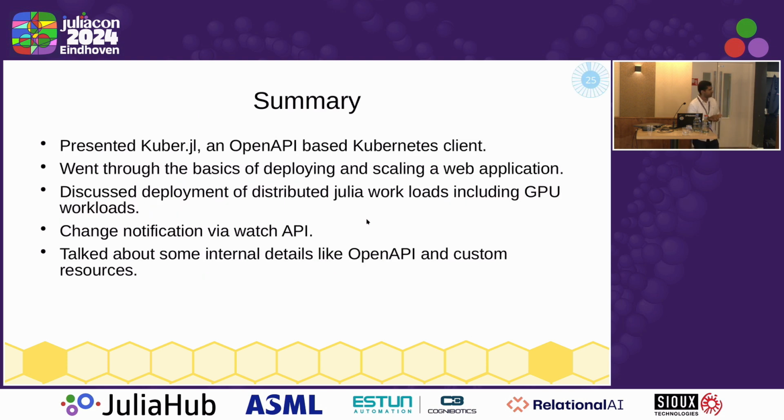All right, let's go through the summary of what we talked about. We presented Kuber.jl, which is based on OpenAPI. We went through the basics of deploying a web application. We discussed distributed Julia as well as GPU workloads. And we talked about the watch API, which lets you get change notifications. And we talked a little bit about the internal details.